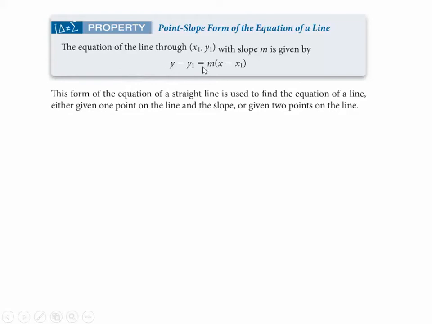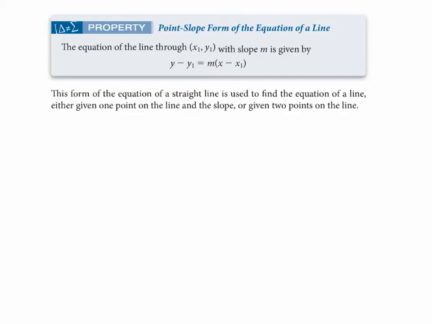If you think about it, if you divide both sides right here, notice you get the m times x minus x1. If you divide this by x minus x1, divide this by x minus x1, don't you get the slope formula? So it's sort of a little bit of a slope formula in here. Okay, but what is this form used for? This form is used to get the equation of a straight line from a graph. So this is the backwards way here.